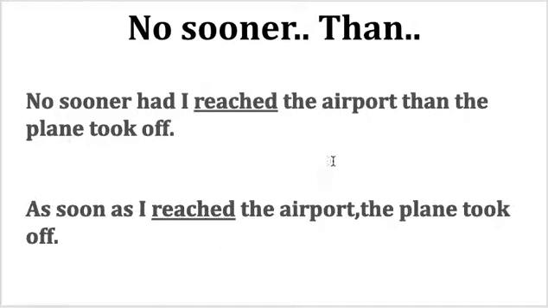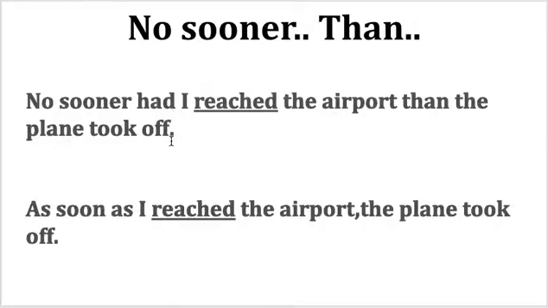The second part remains the same, but the only thing you have to keep in memory is that with "had" we use the third form of the verb, but with "as soon as" I use the second form of the verb. So no sooner had I reached the airport than the plane took off.